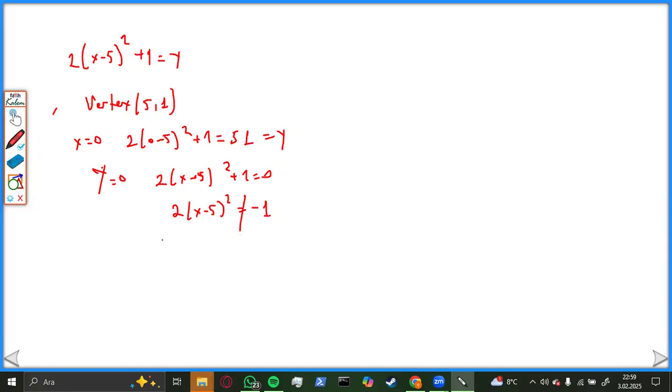That's why we can say that there is no intersection with the x-axis. That's why all you need here is just the y-intercept and vertex. By using the vertex and y-intercept, you can easily define and display the quadratic function.